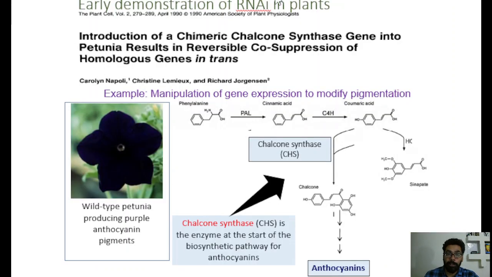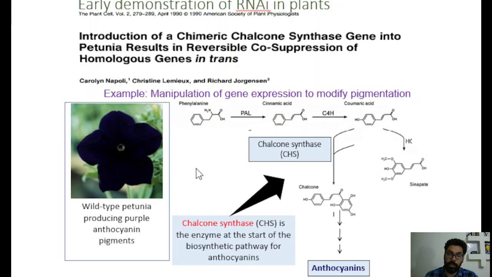The early demonstration of RNAi happened when scientists tried to overexpress the chalcone synthase gene in petunia. As you know, chalcone synthase comes in the anthocyanin synthesis pathway and gives a particular color. Wild type petunia produces purple anthocyanin pigments.